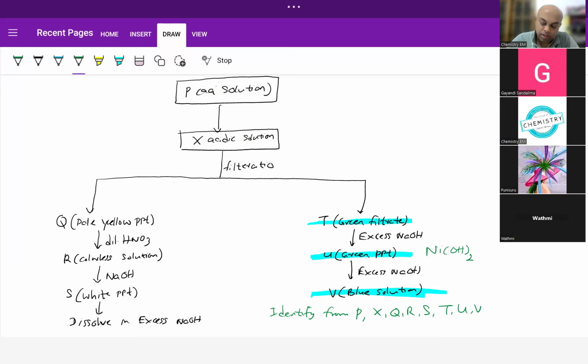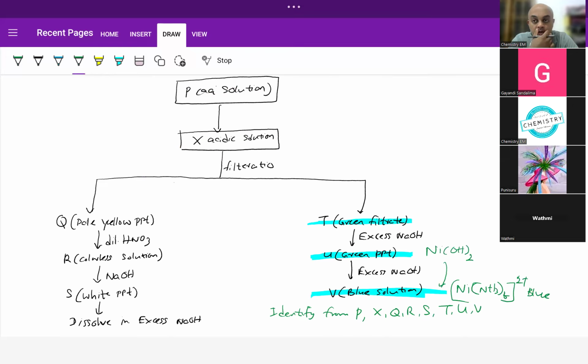Then with excess sodium hydroxide or OH minus ions, or you can apply ammonia, right? It is creating Ni, especially with ammonia, in this extent, 2 plus, this is a blue precipitate. This is a blue one, right?